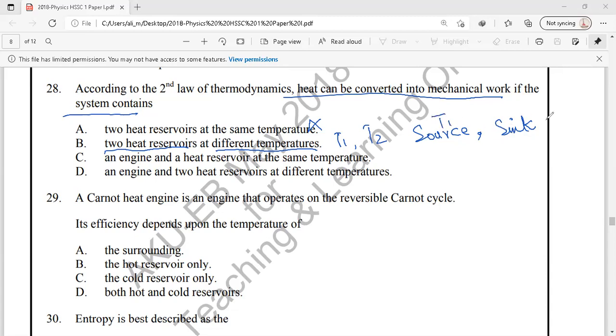So we should have these two points or reservoirs, in which one is the source and one is the sink. So for 28, option B is the correct answer.